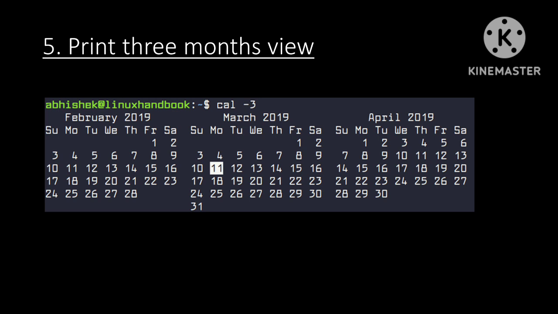So June is considered as the main month, so it will print the previous as well as the next month of the mentioned month in the command. So these are some of the useful options with the calendar command.